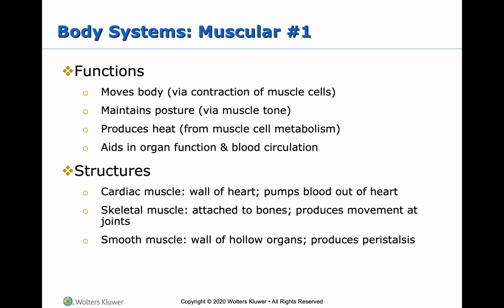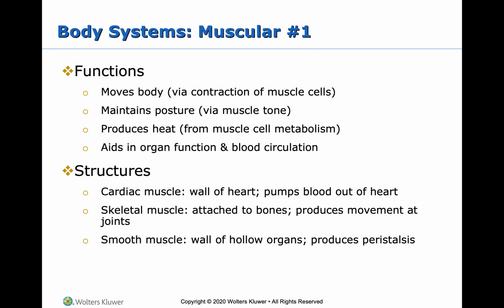Okay, so cardiac muscle is in the wall of the heart, and it pumps blood out of the heart, so it's involuntary. You don't have to think about making your heart pump the blood through your body. And then your skeletal muscle is attached to your bones, and it produces movement. If it's producing movement, you have to consciously think about waving your hand or standing up and going to the bathroom.